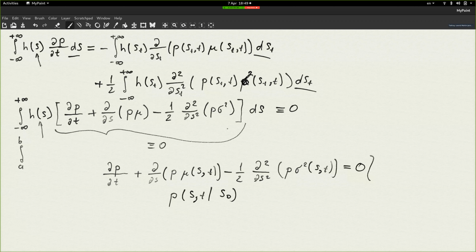This precisely is the celebrated Fokker-Planck partial differential equation.